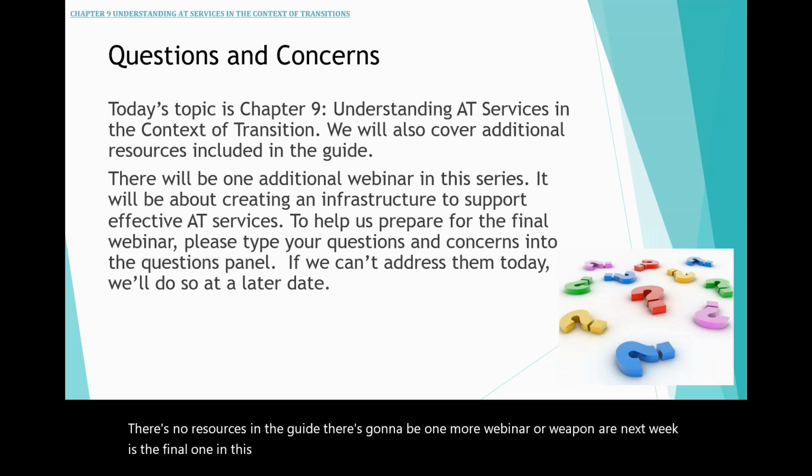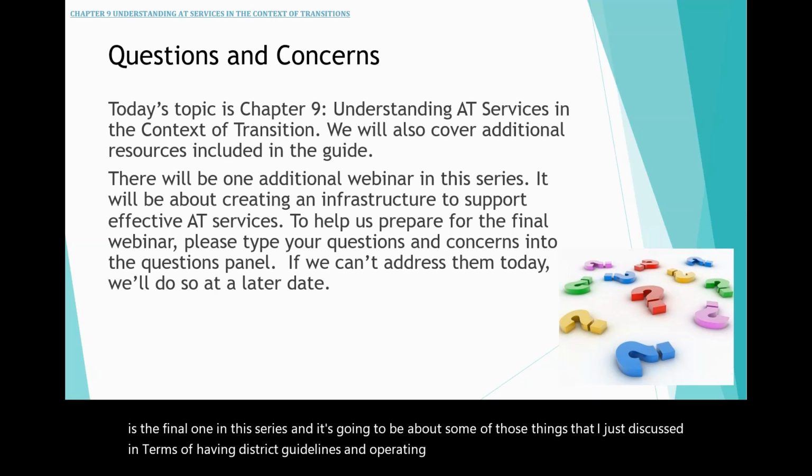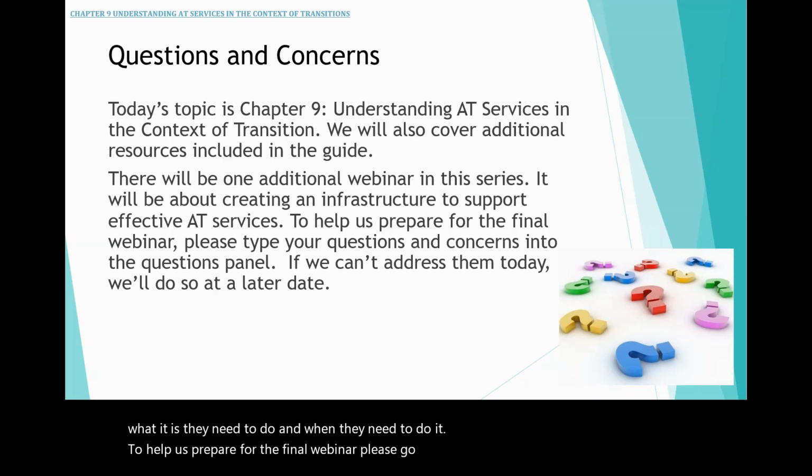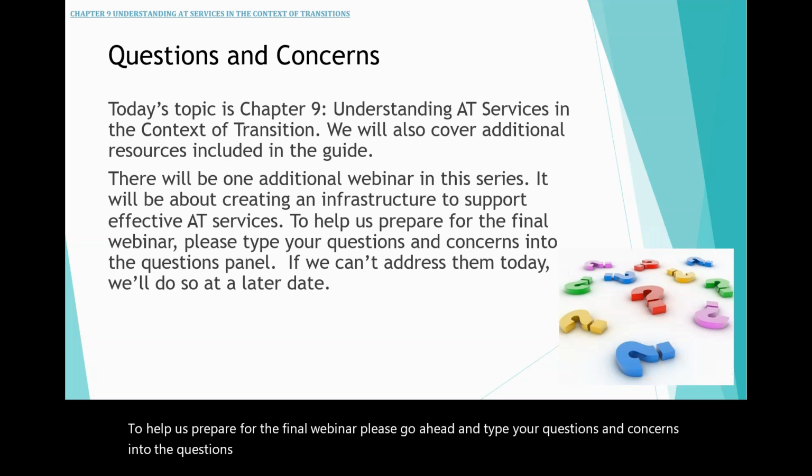And it's going to be about some of those things that I just discussed in terms of having district guidelines and operating procedures for teams to help them know what it is they need to do and when they need to do it. To help us prepare for the final webinar, please go ahead and type your questions and concerns into the questions panel. And if we can't address them today, we'll do so at a later date.